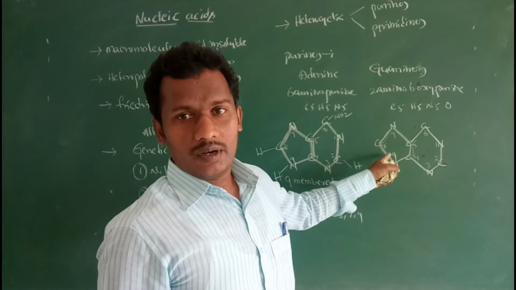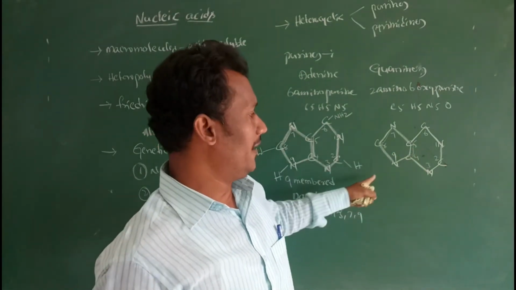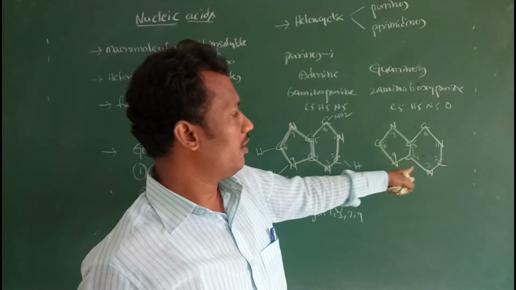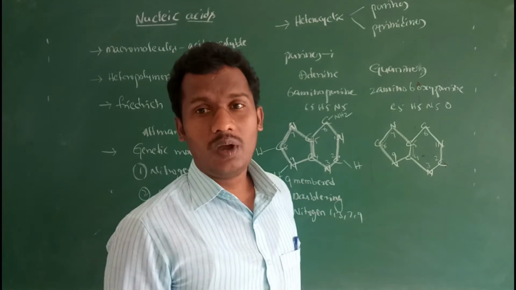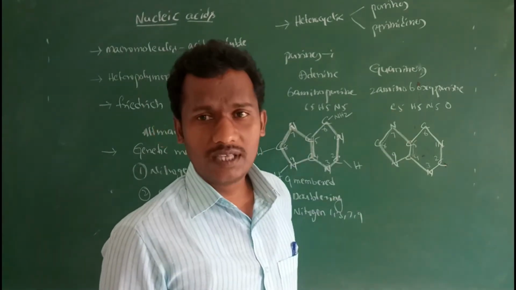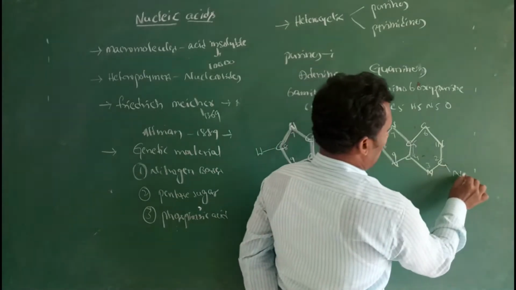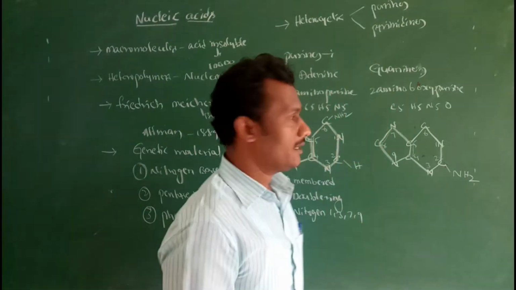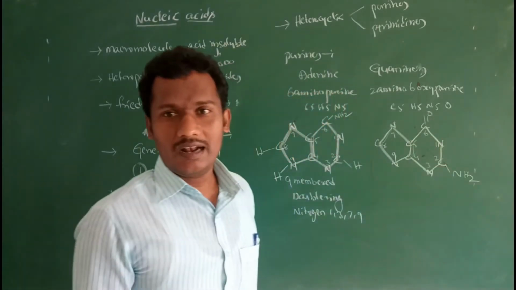It is also a 9-membered structure with a double ring. The nitrogen positions are 1, 3, 7, 9. At the second carbon position an amino group is present, and at the 6th carbon position, an oxygen atom.